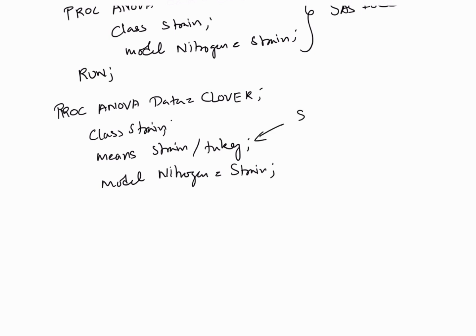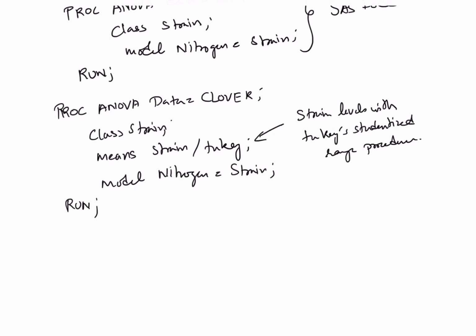This one is basically the strain levels with Tukey's studentized range procedure. And then you run it. So the degrees of freedom that you are providing over here is basically n-1. That's an important thing to look at.